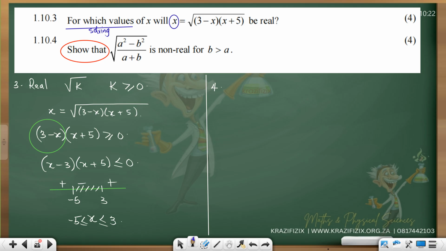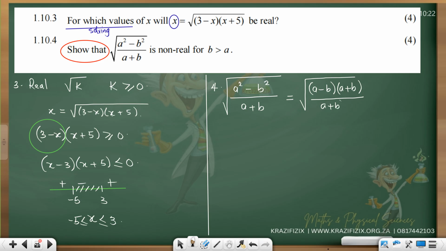Show that. Okay, how do we tackle this one? The square root of a squared minus b squared is non-real if b is greater than a. Oh, I see something here. Do you notice that this is a difference of two squares? So we are left with the square root of a minus b.